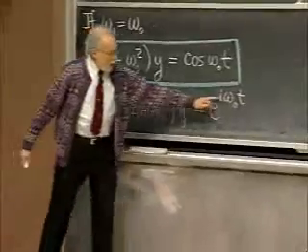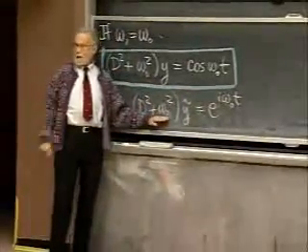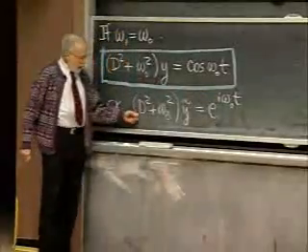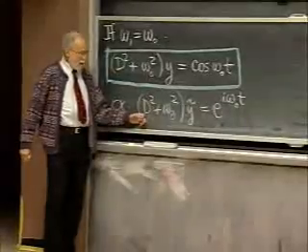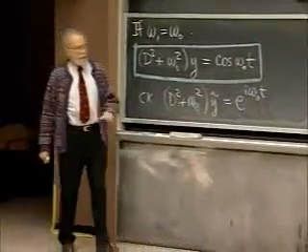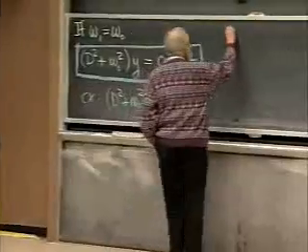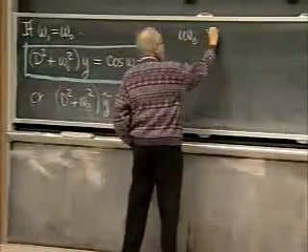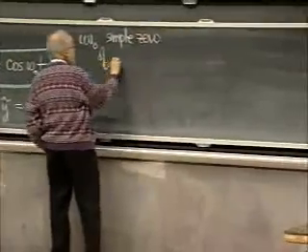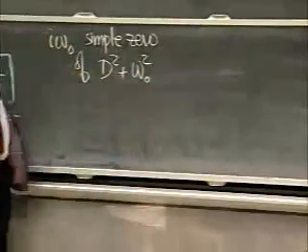But now i omega naught is a zero of this polynomial. That's why I picked it. If I plug in i omega naught, I get (i omega naught) squared plus omega naught squared, and that's 0. So I'm in the second case, because i omega naught is a simple root of the polynomial D squared plus omega naught squared.